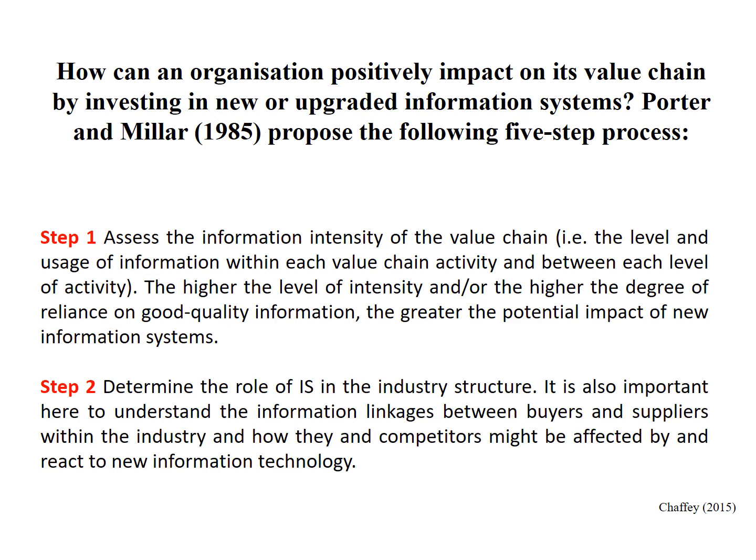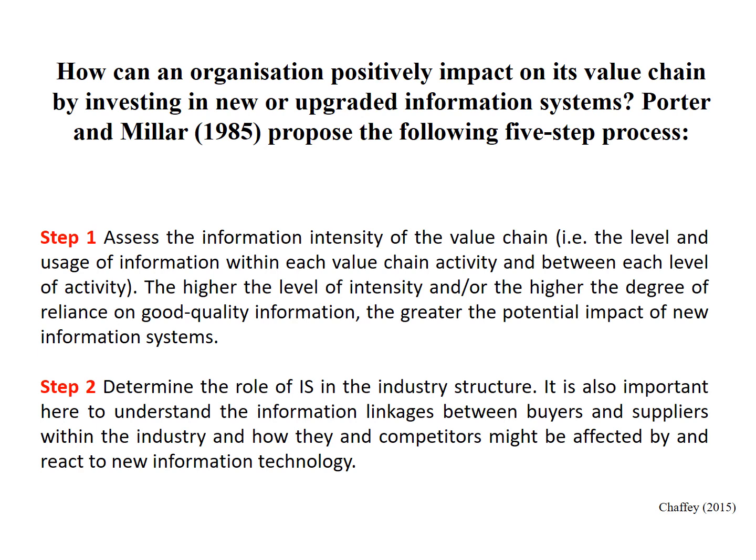So Porter and Millar suggest that there are 5 steps, and these include step 1, to assess the information intensity of the value chain. So they're talking about the level and usage of information within each value chain activity and between each level of activity.